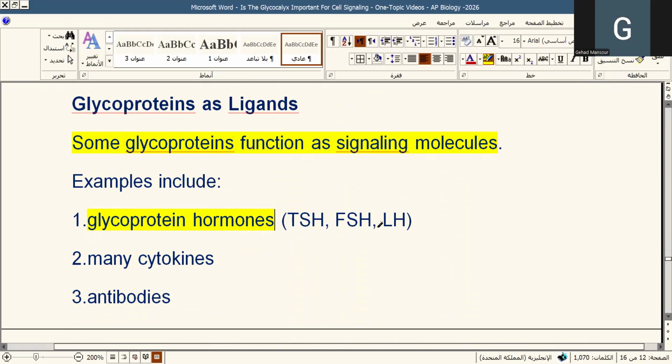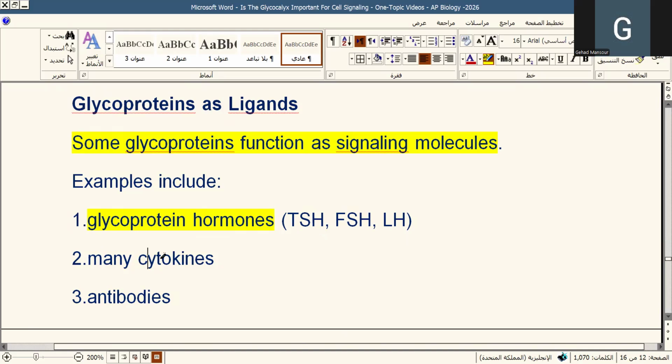So these are the famous glycoprotein hormones, because we know that most hormones are proteins only, but some proteins in the body are glycoproteins having a carbohydrate moiety, like the thyroid stimulating hormone secreted by the anterior lobe of the pituitary gland, the follicle stimulating hormone, and the luteinizing hormone.